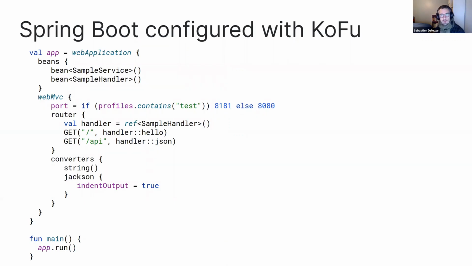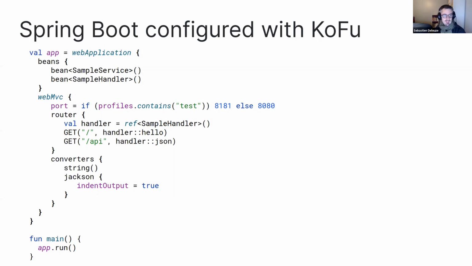And this is what a Spring Boot application configured with the KoFu DSL looks like. So you declare a web application, you declare your beans, you declare WebMVC, you can write directly some programmatic constructs, because this is all Kotlin code, so you can write any kind of Kotlin statements. We have a DSL for the router, which is just reusing the one that we have in Spring.